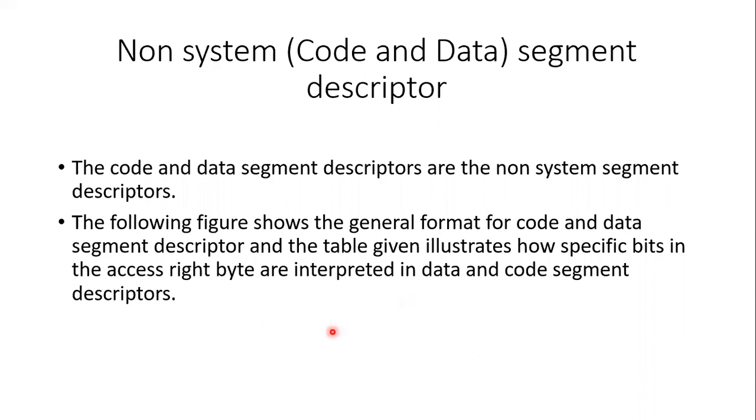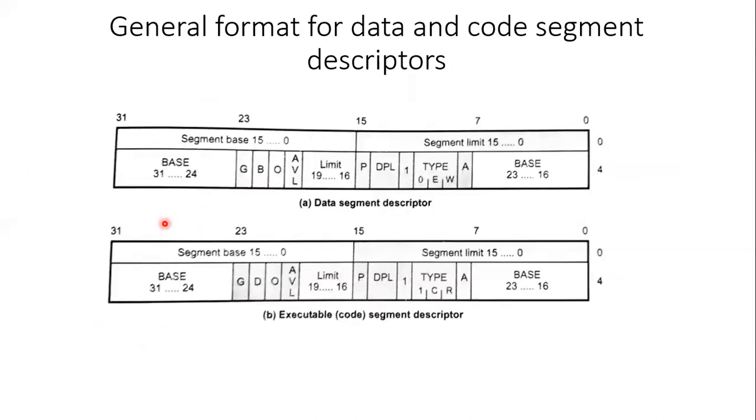Then the second point, the following figure shows the general format for code and data segment descriptors, and the table given illustrates how specific bits in the access write byte are interpreted in the data and the code segment descriptors. What is the meaning of these two lines is that this is a format. There are two different formats.